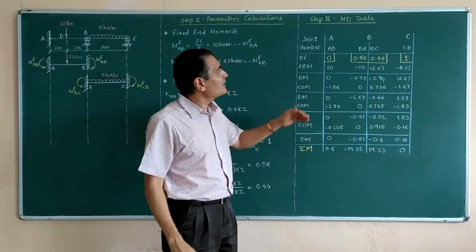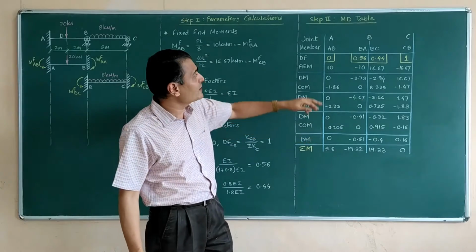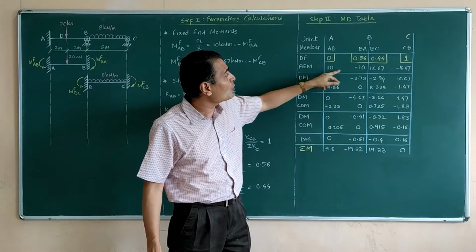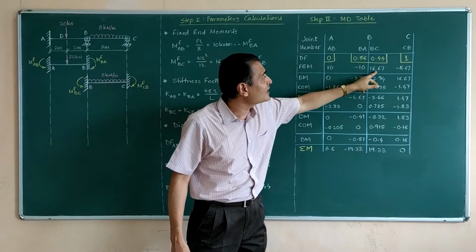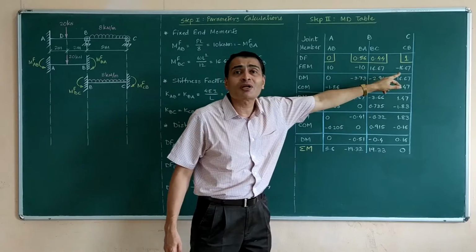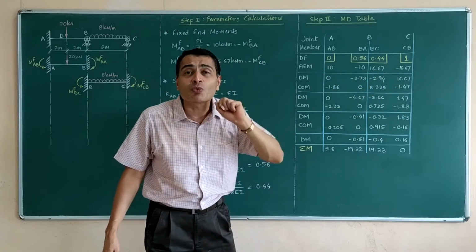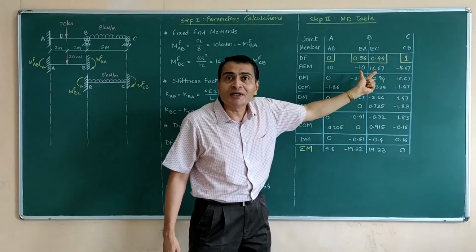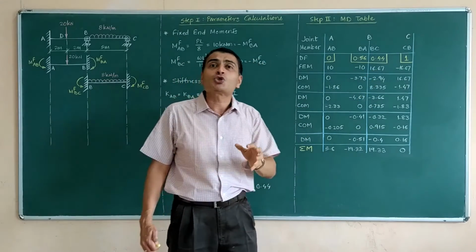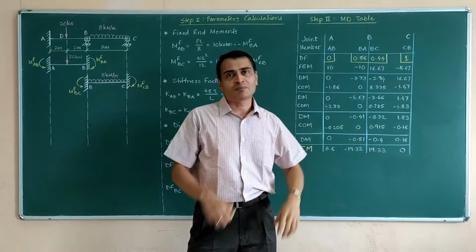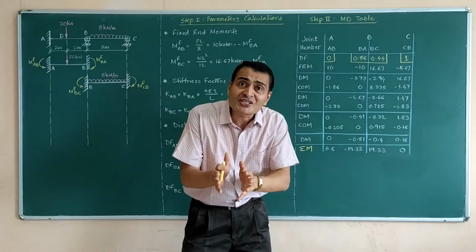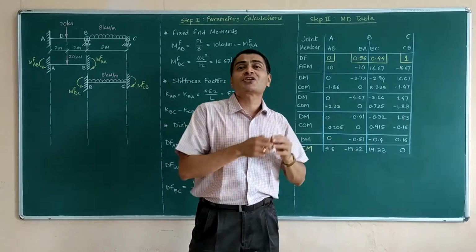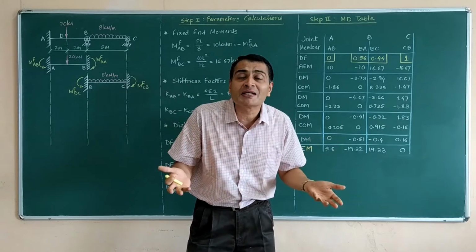So we are observing that when I restrain all the joints, my moments are anti-clockwise 10, clockwise 10, anti-clockwise 16.67 and clockwise 16.67. So if I focus upon this particular joint, I observe that it should have been minus 10 plus 10 or minus 16.67 plus 16.67, but it is not happening like that.